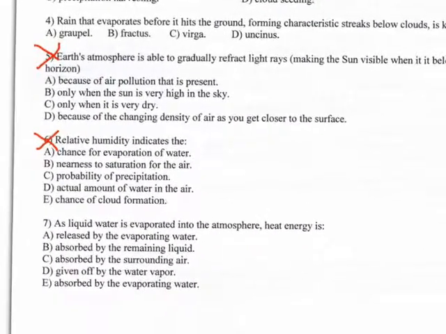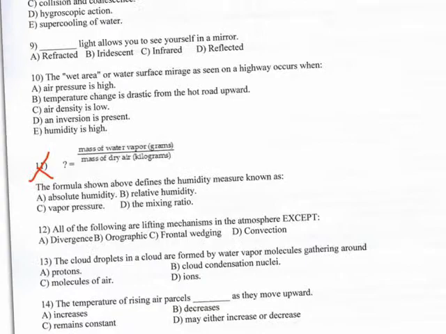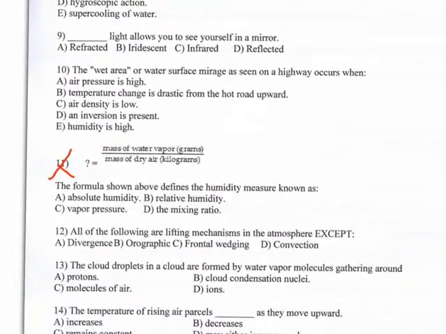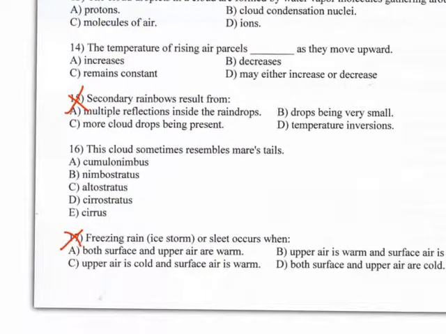Questions 5 and 6 will not be on your final. I think I told you 10 of each of these unit exam, 10 multiple choice questions. Questions 8 and 11 will not be on your final. Question 15 and 17 for Unit 2 will not be on your final.